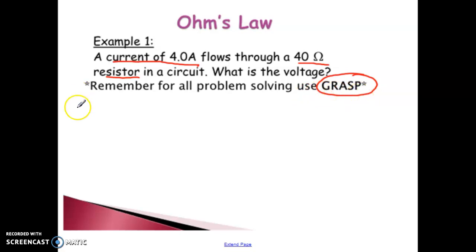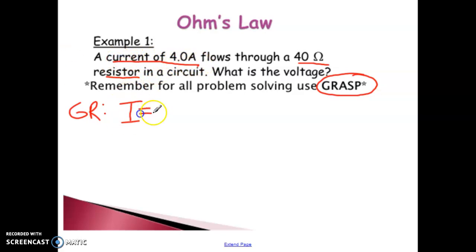We're going to go over this. So I put G and R together. G is writing down everything that is given in the question, and R is writing down what is required. We're going to use symbols for that. So we're told here the current is 4.0 amps.